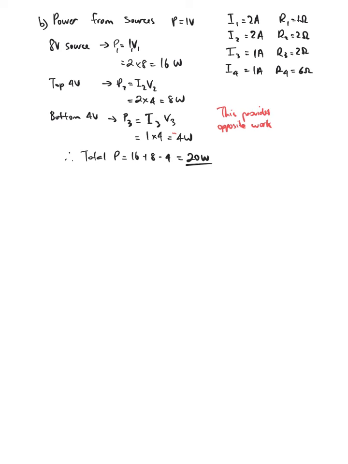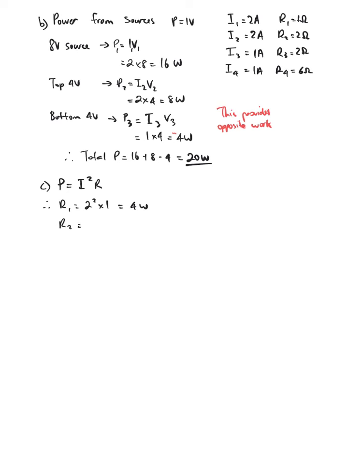Excellent. So now, if we go and calculate what the total power dissipated by each resistor is, which is what we're asked in question C, we should find that that comes to 20 watts. So the power dissipated in a resistor is equal to I squared R. Therefore, R1 is going to be 2 squared times 1, which is 4 watts.